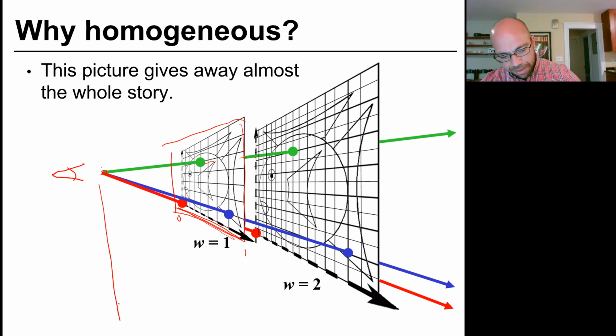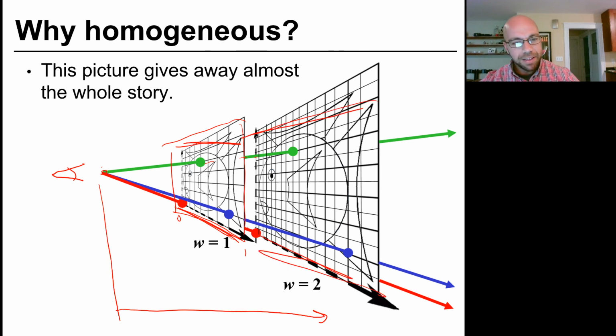Well, I'm going to look at the depth of an object from my eyeball and notice that the width of my screen gets bigger the farther I am from the camera. So I'm going to need to divide by that coordinate in order to get the position on my screen, which is sitting maybe just by convention 1 unit away from my eyeball.